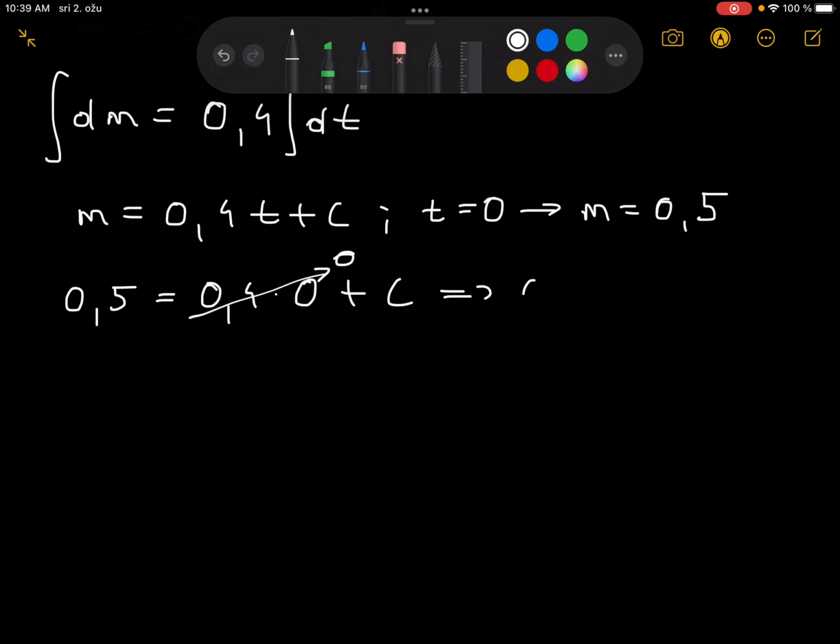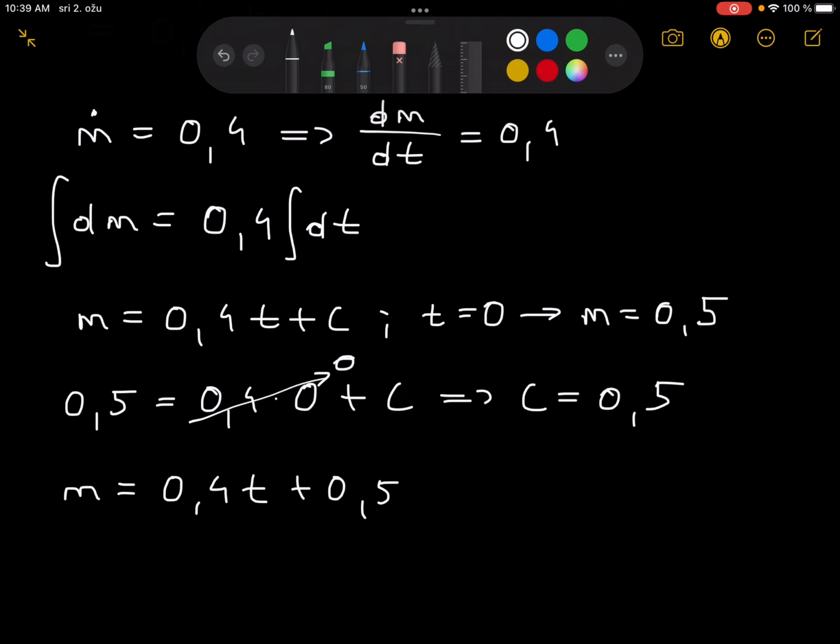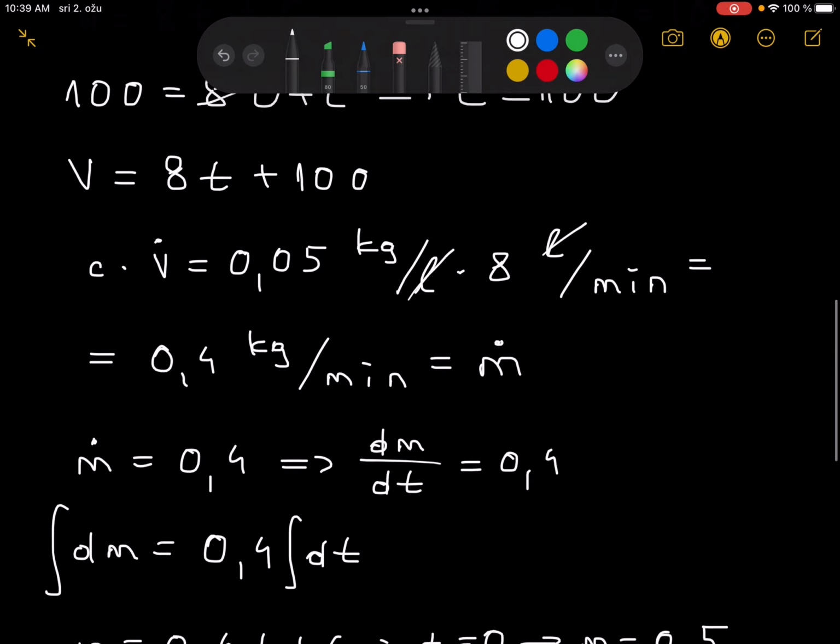So from here it follows that c is equal to 0.5. Or in other words, the mass must be equal to 0.4 times t plus 0.5.